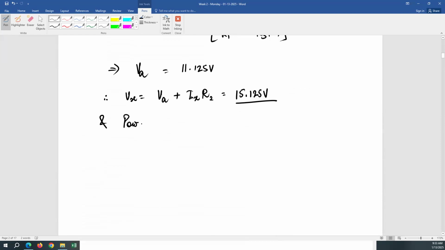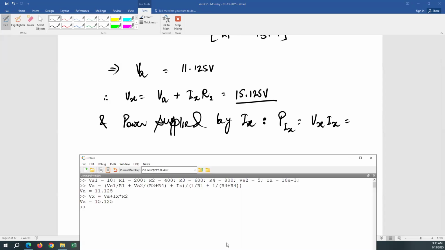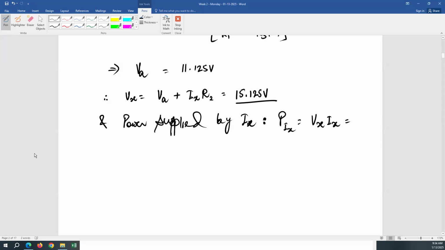And the power supplied by Ix is equal to Vx times Ix, which will be 0.1512 watt or 151.2 milliwatt. So that's your power supplied by Ix.